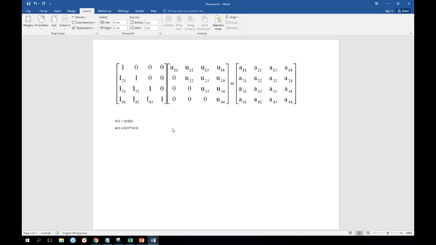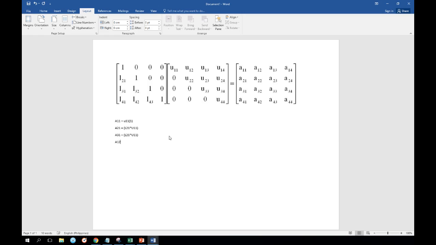So let's move to A31. A31 is computed by multiplying the third row by the first column. Again, it's a summation. So let's do L31 multiplied by U11. And again, the rest are all 0. So these are the formulas for the A11 to A31.